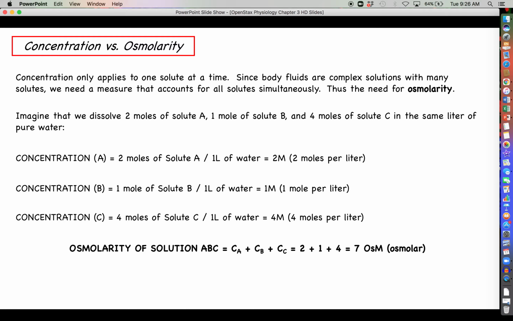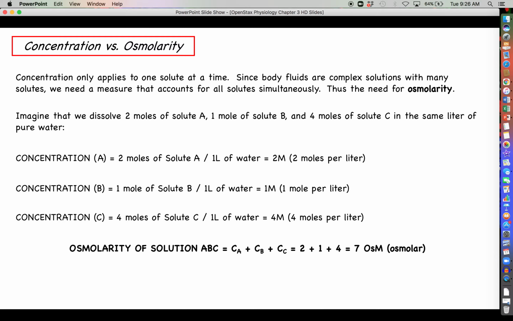In other words, the total solute concentration in solution. So we would take the concentration of A, which is 2, the concentration of B, which is 1, and the concentration of C, which is 4, add them together, and we get an osmolarity of 7 osmolar. That's how you pronounce it, osmolar. So this would be a 7 osmolar solution, and that's not necessarily going to mean anything on its own.